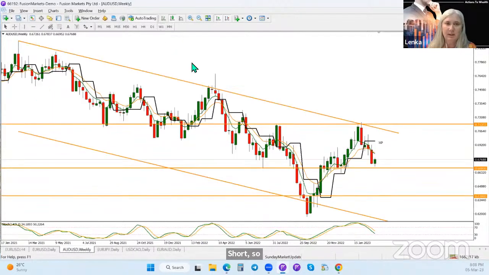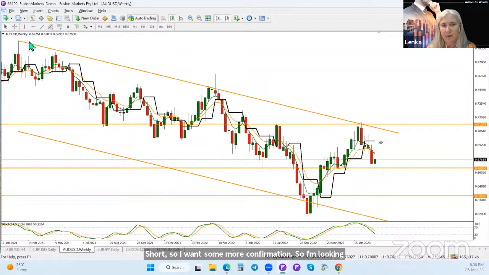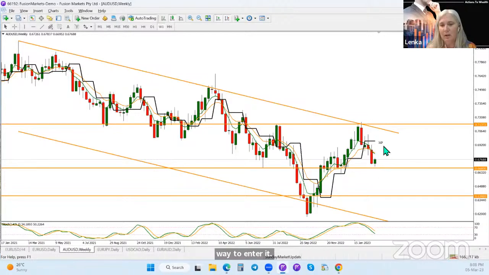So I'm looking at the weekly time frame now, and I'm within that channel, and I'm looking at, okay, is the price just going to go short from here, which obviously I don't want because I don't have any way to enter it. I want that price to go higher and give me some kind of lower high, maybe retest the monthly pivot or something like that.